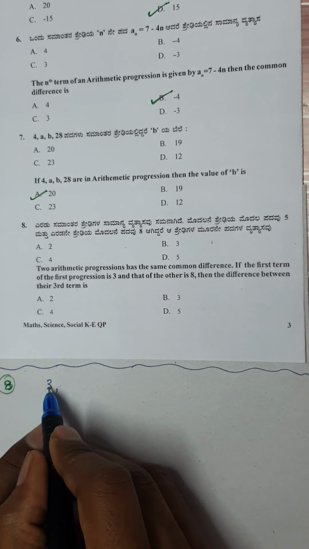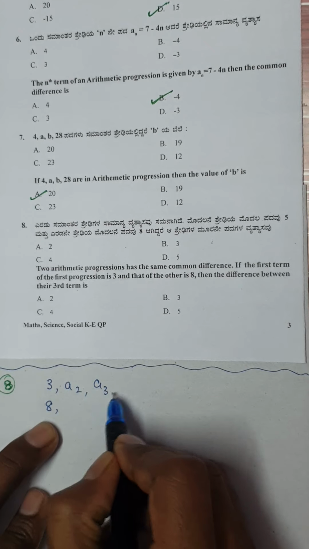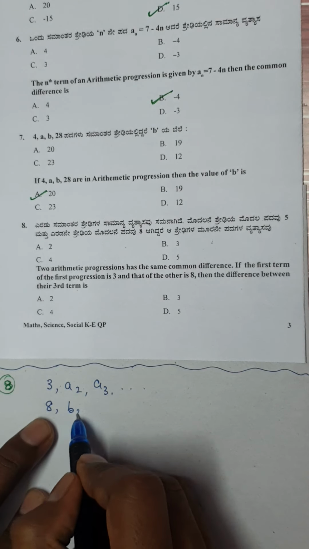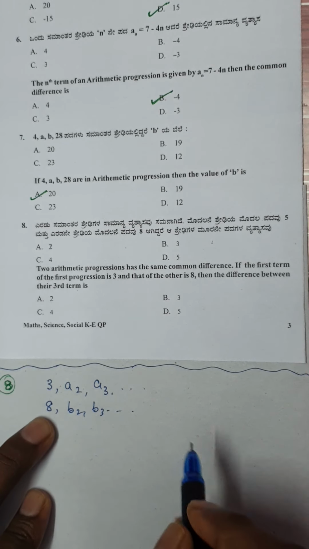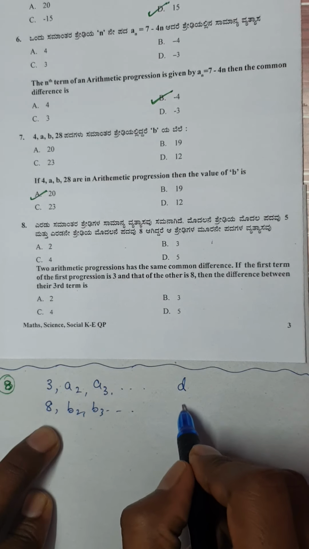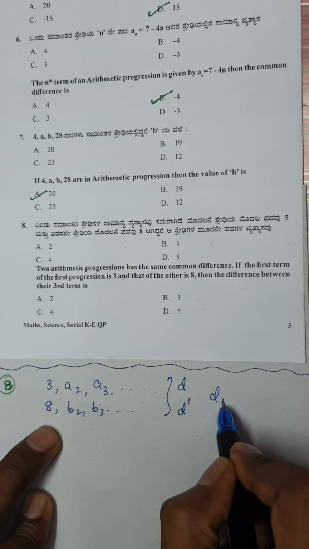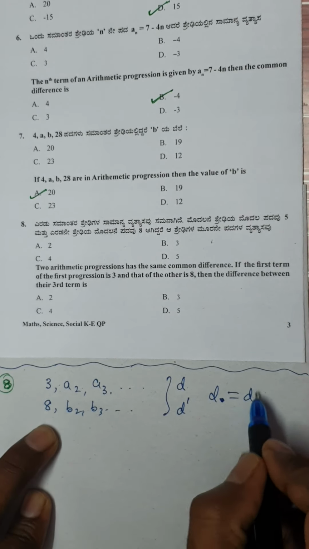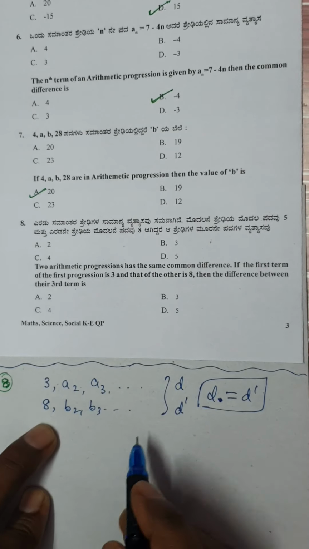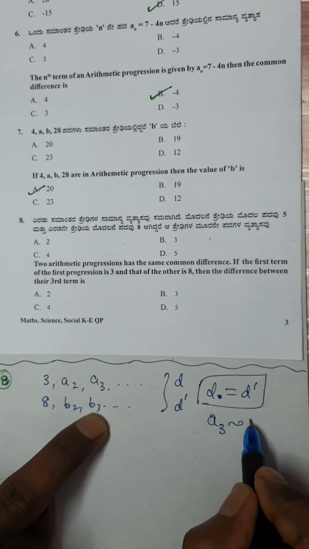As I told you, first sequence, let me take a1, a2, a3 and so on, and b1, b2, b3 and so on. The common differences in this case, let me take d and d dash. It is given that d is equal to d dash. You have to find out the difference between a3 and b3.